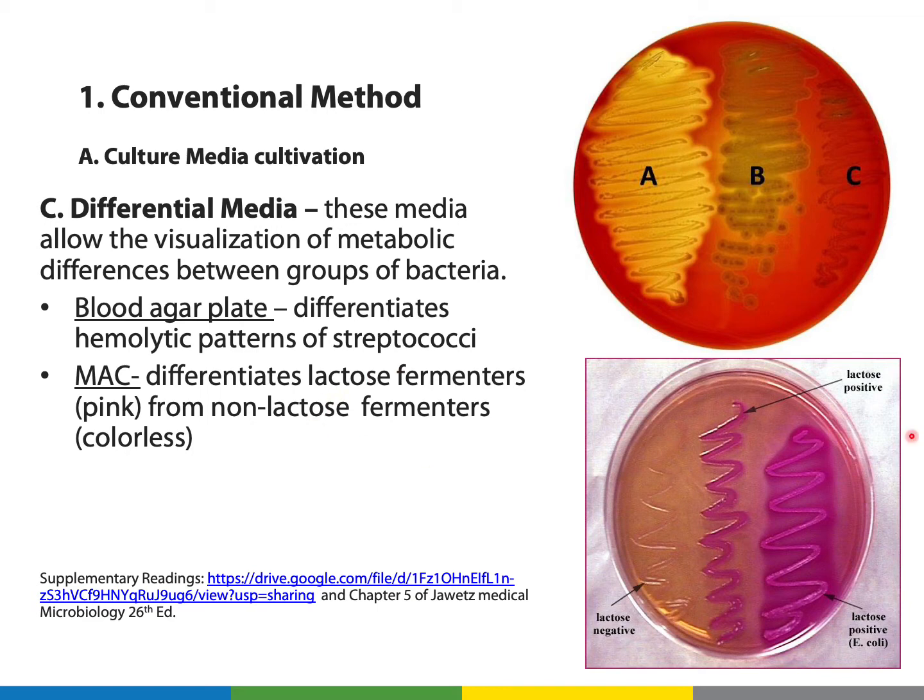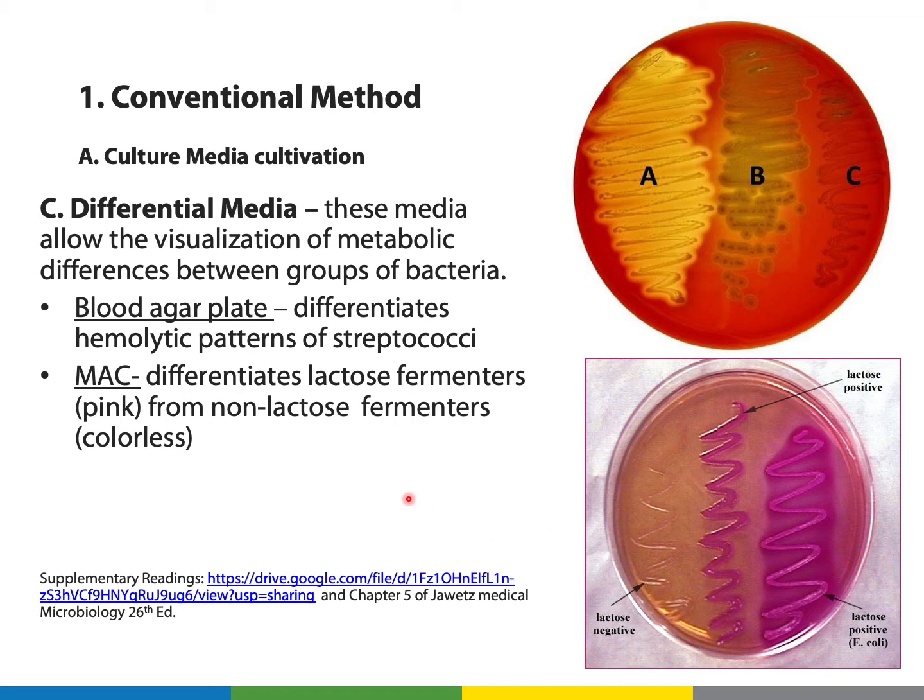MacConkey is also another differential type of media. If you notice, blood agar can be used as non-selective, and it can also be used as differential, while MacConkey can be used as both selective and differential. So they have two functions. MacConkey differentiates lactose fermenters from non-lactose fermenters.